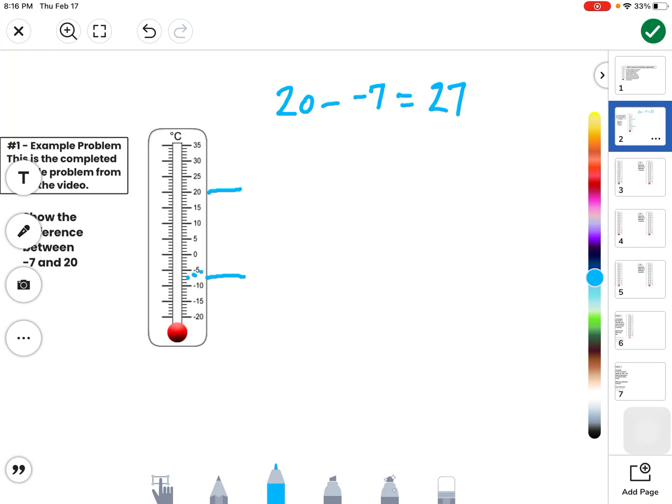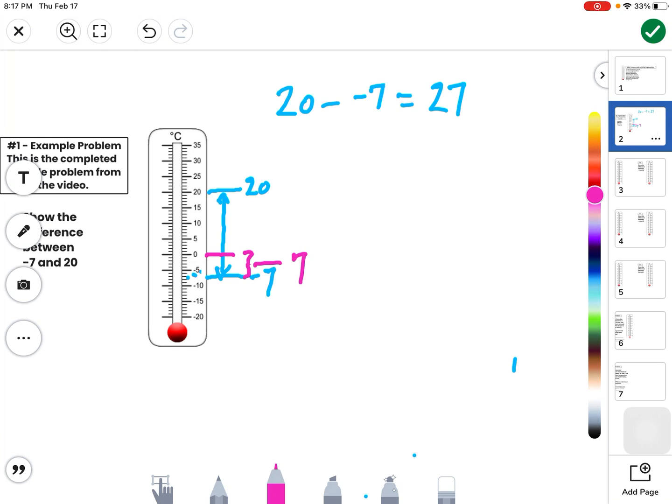Alright, so I am trying to find the difference between 20 and -7. What I can do is this. I can say, alright, well here is 0. So I can find the difference between -7 and 0, which we know is 7 degrees difference.